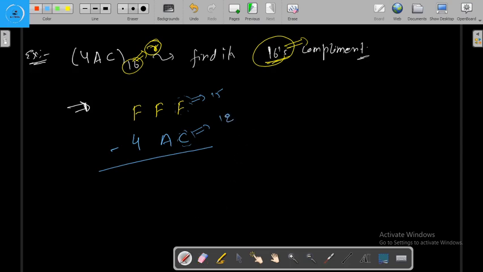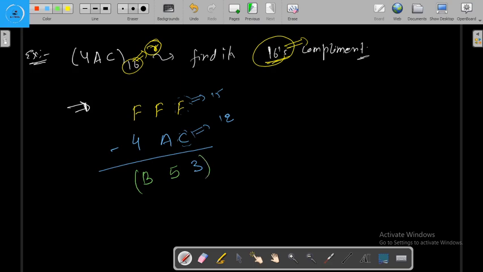So F minus C will be equal to 3. F minus A is 15 minus 10, which will be equal to 5. F minus 4 is 15 minus 4, which will be equal to 11, and B is equivalent to 11.